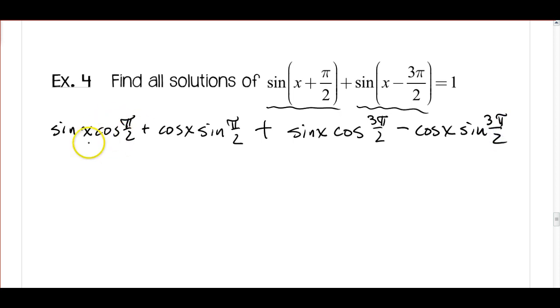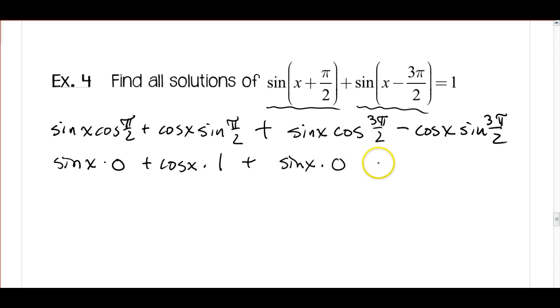So I know the cosine of pi over 2 is 0, so I have sine x times 0 plus cosine x times 1 plus sine x times cosine of 3 pi over 2, that's the bottom of the unit circle, so that's 0, minus cosine x times sine of 3 pi over 2, which is -1.